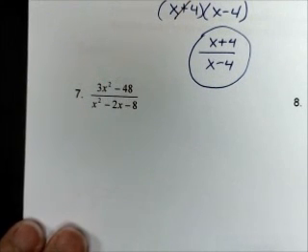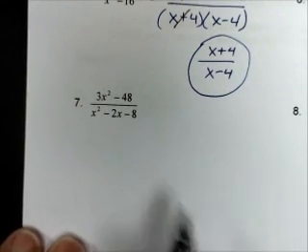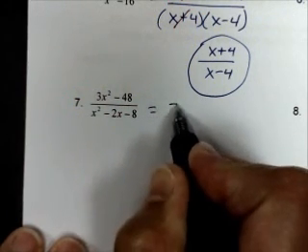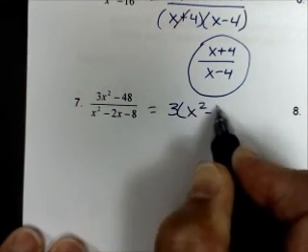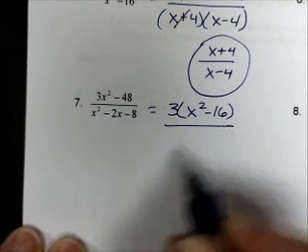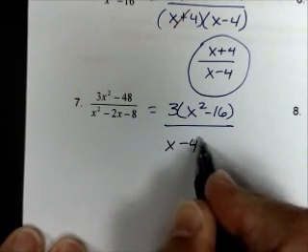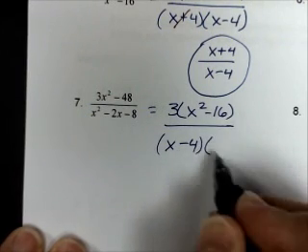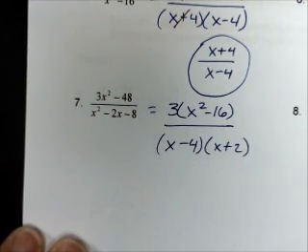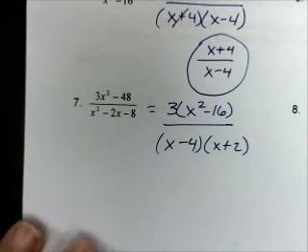Number 7, GCF of 3 in the numerator. And I get x squared minus 16 for the other factor. And the denominator, factors of negative 8 that add to negative 2 are negative 4 and positive 2. Now the numerator we can still factor.